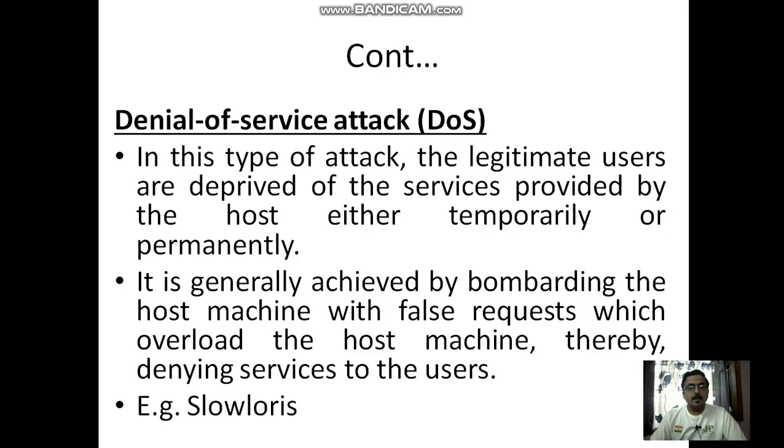Next one is the denial of service attack. In this type of attack, legitimate users are deprived of the services provided by the host either temporarily or permanently. How? It is generally achieved by bombarding the host machine with false requests, which creates an overload on the host machine and thus denies services to the user.